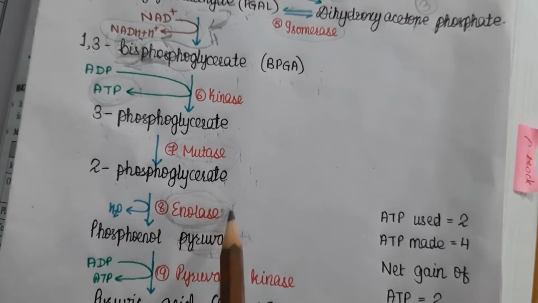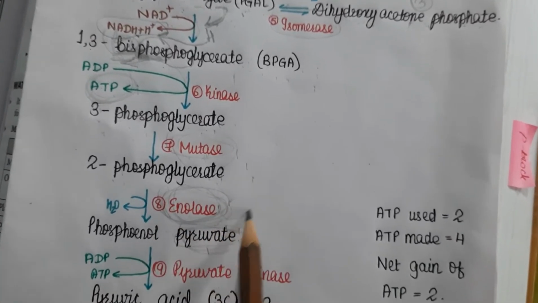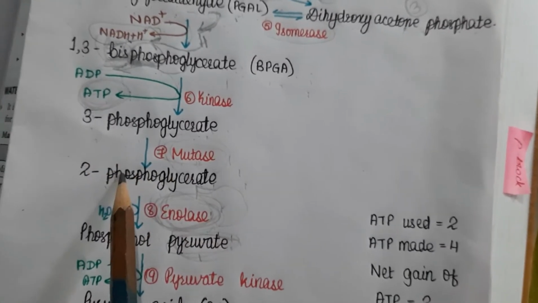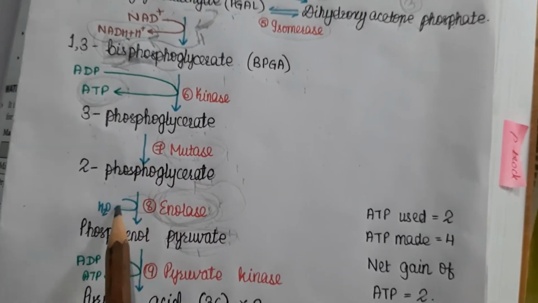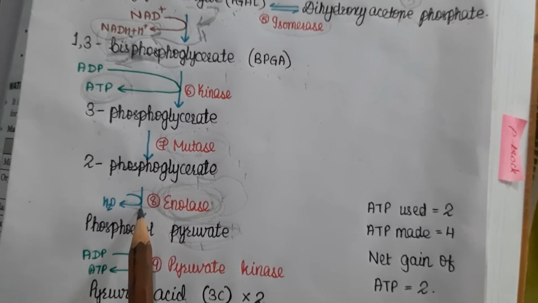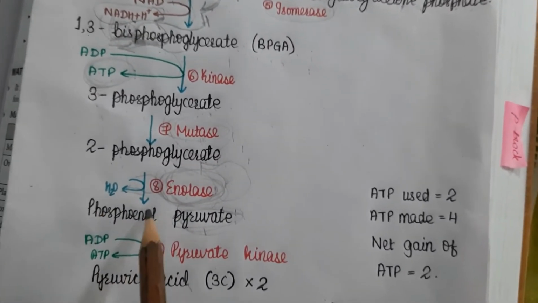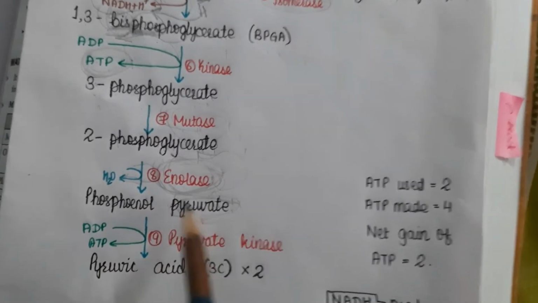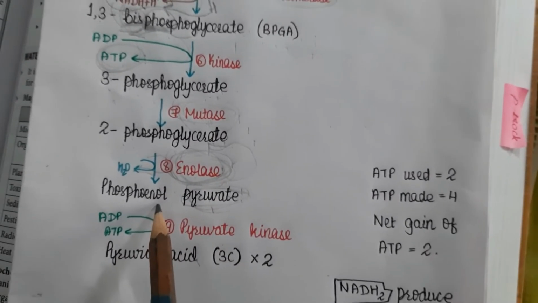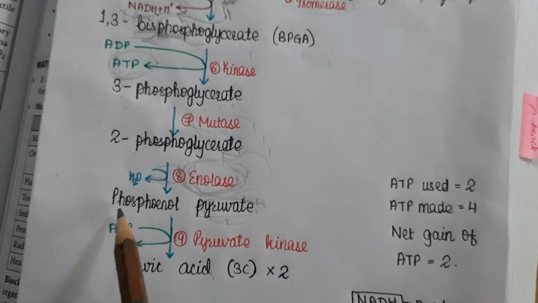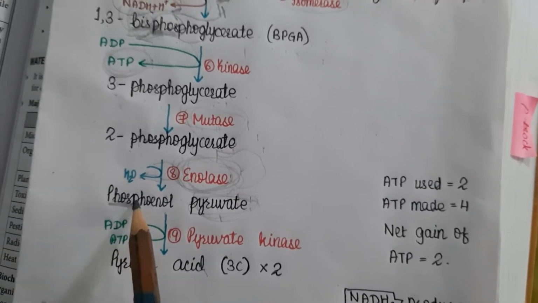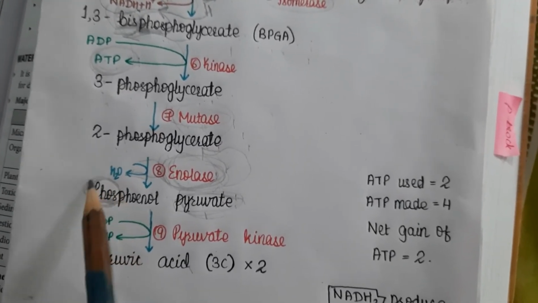Now when this enolase enzyme acts upon 2-phosphoglycerate, one water molecule is removed and phosphoenol pyruvate is formed. Now phosphoenol pyruvate again has to lose this phosphate group. So where does this phosphate group go to?